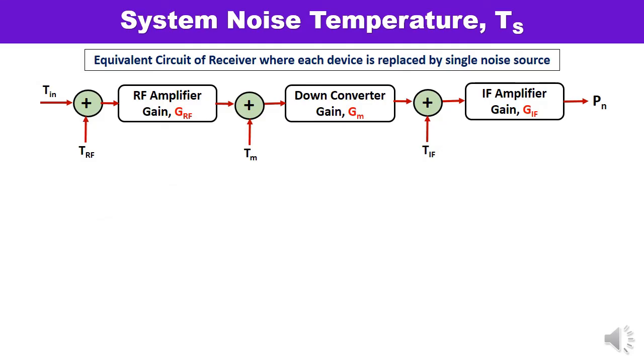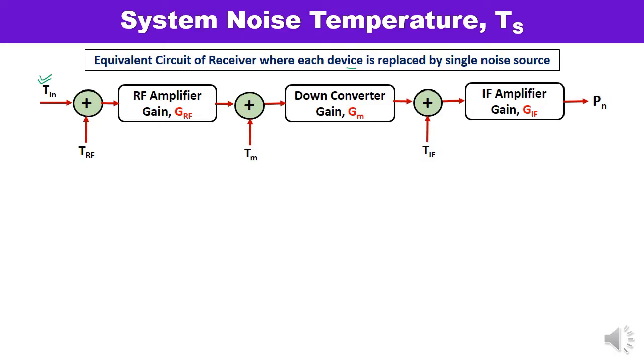This is the equivalent circuit of the receiver, where each device is replaced by a single noise source. Tin is the input noise temperature at the RF section.